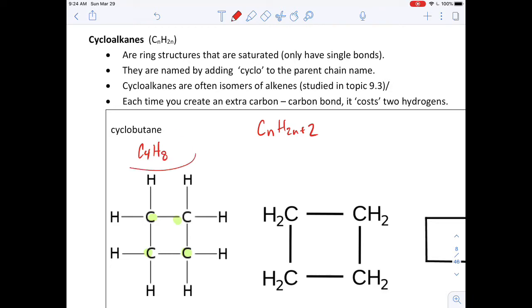So you can see that this does not follow the pattern. Every time you make an extra carbon-to-carbon bond, it costs 2 hydrogens. So instead of CnH2n+2, as soon as you get that extra carbon-to-carbon bond, it's going to be minus 2, or in this case, CnH2n.